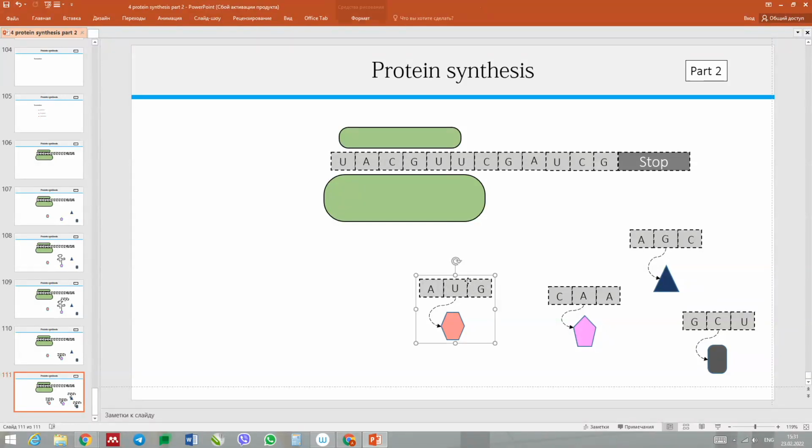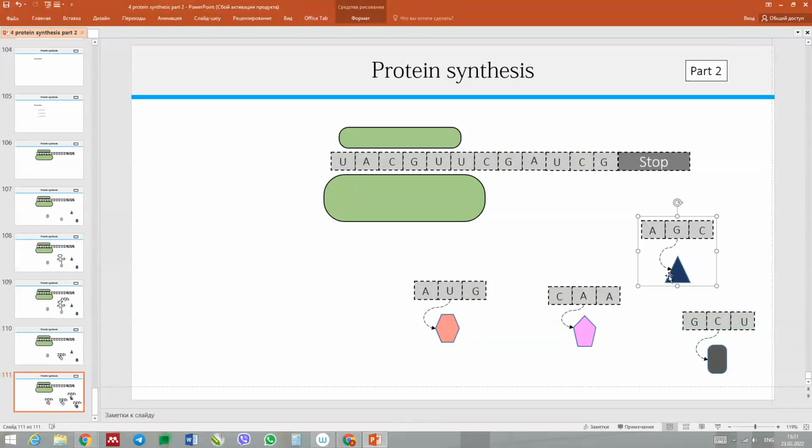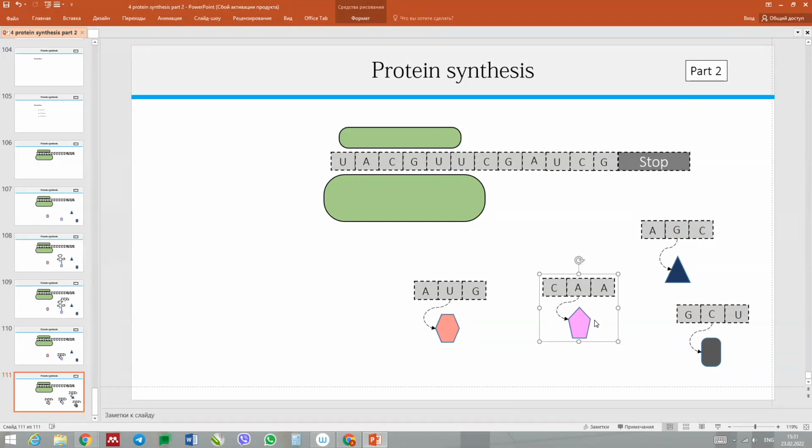And if this transport RNA has anticodon adenine, uracil, guanine, it will not be associated with this amino acid or this amino acid. So, to summarize, each amino acid is associated with a highly specific transport RNA that has an anticodon corresponding to this particular amino acid.